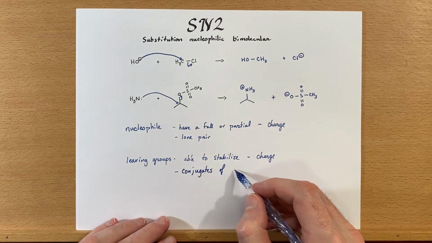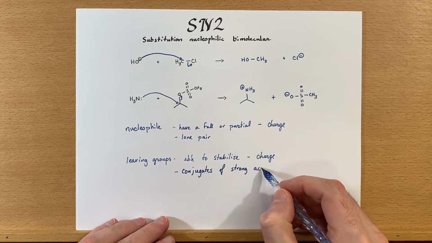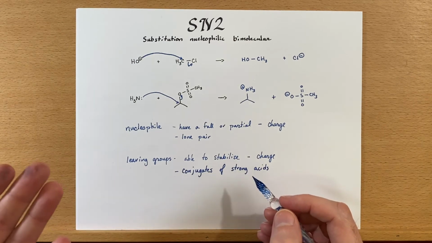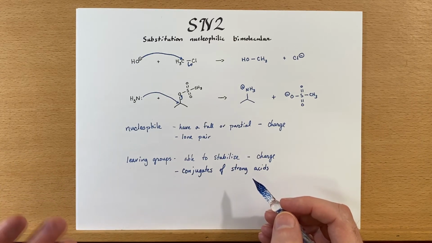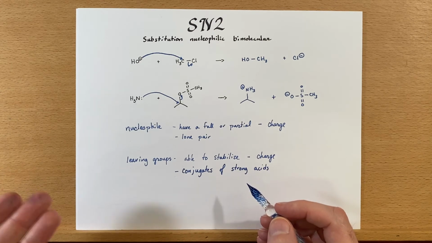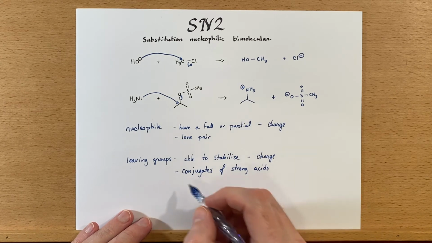Conjugates of strong acids make good leaving groups. So chloride, bromide, iodide, those are all conjugates of strong acids, HCl, HBr, HI. So those make excellent leaving groups.